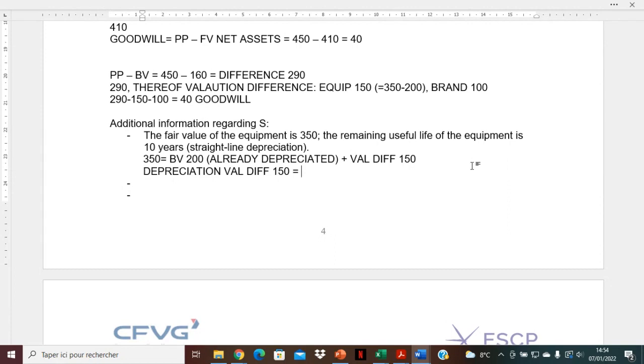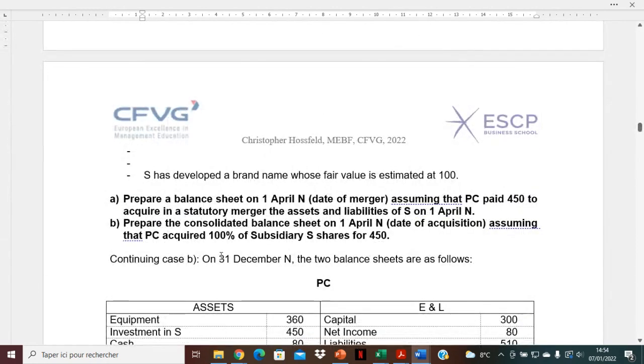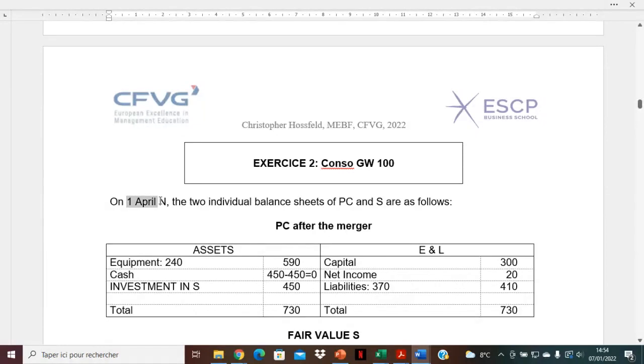Well, it's not 10, but it's over 10 years. So indeed, we need to calculate 150 over 10 years. In other words, we have 15 per year. But we need to be careful because here we are at the end of year N, doing this on December 31st, and my acquisition date is April 1st.